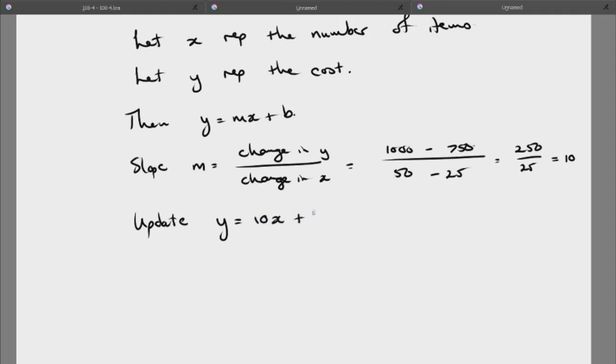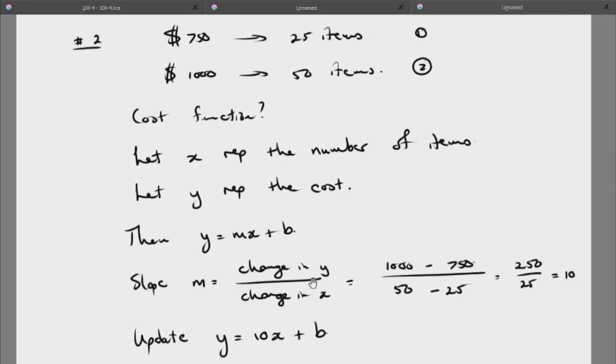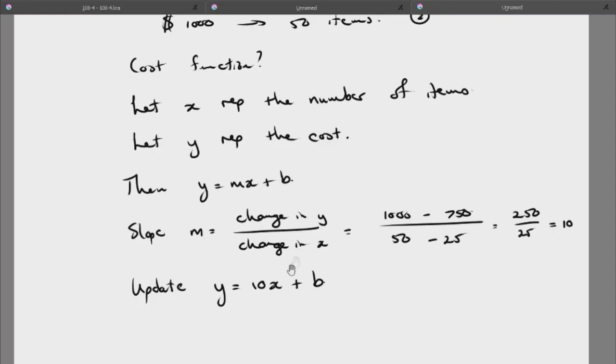10x plus, still need to find the b. So it's very similar to the question where we had 2 points. I now just use a piece of information, the first or the second one, maybe the second one, which is a little nicer, to find b.